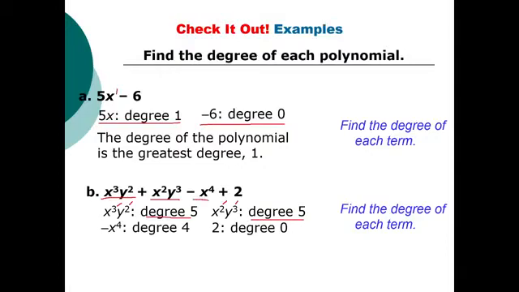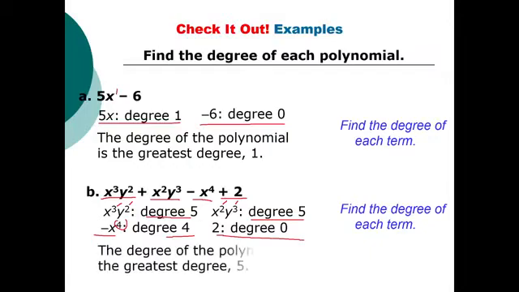The degree of the third term, that is 4. The degree of the constant 2, if there are no variables, the degree is 0. Now, what's the highest degree? The highest degree is 5, therefore, the degree of the polynomial is 5.